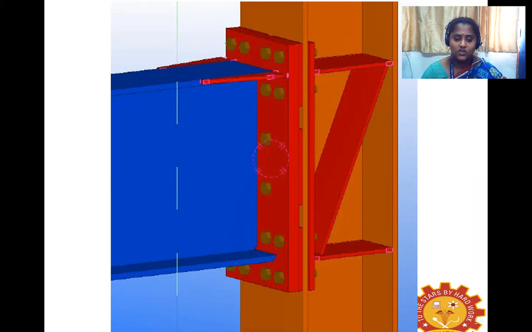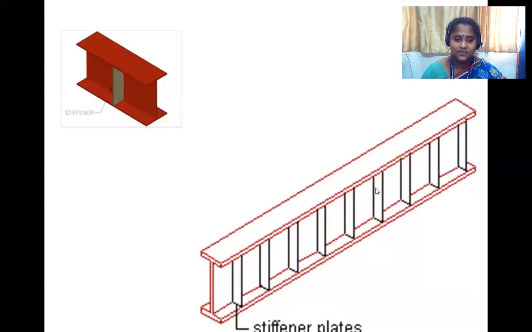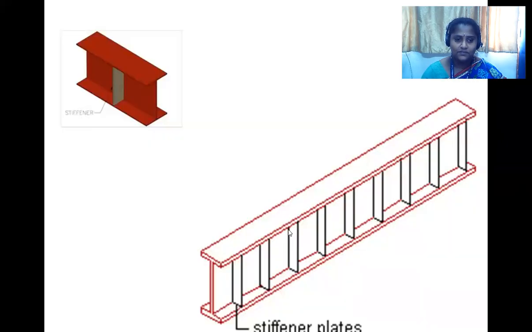Rigid connections are otherwise called moment connections. This is the stiffener plate additionally used, and it is also connected with the help of weld.